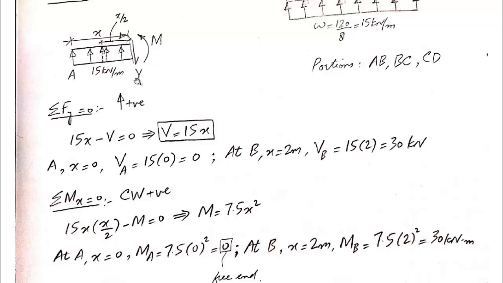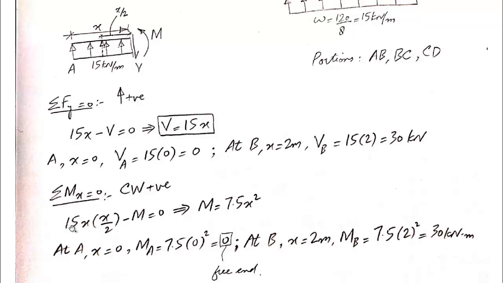Although we have solved a lot of problems, I see that some of the students are still confused about the moment center, and they assume that we are calculating moment about some support or about the starting point of the portion. So that's not the case. We always calculate moment about the section. So 15 into x is the magnitude of the resultant, and x by 2 is the perpendicular distance between this resultant and the section under consideration.